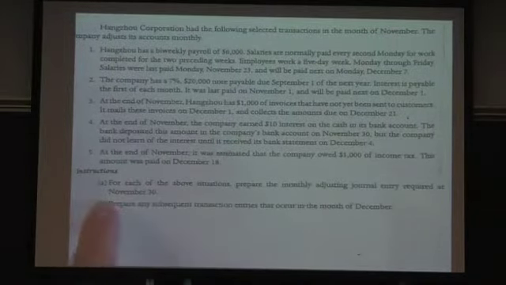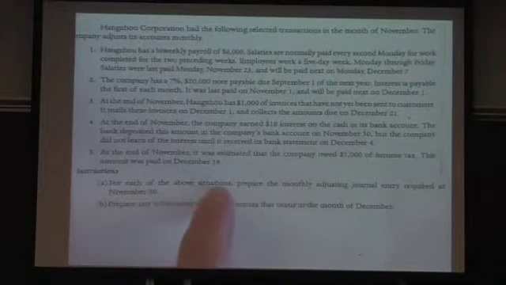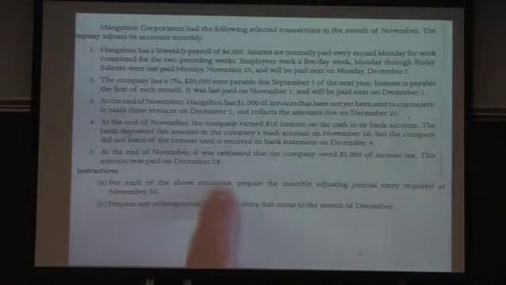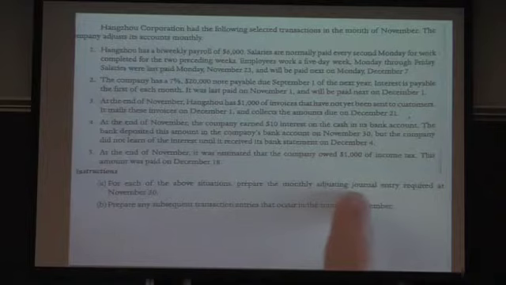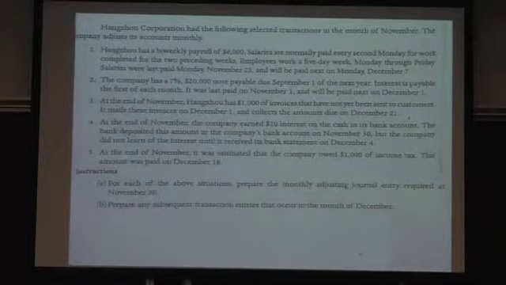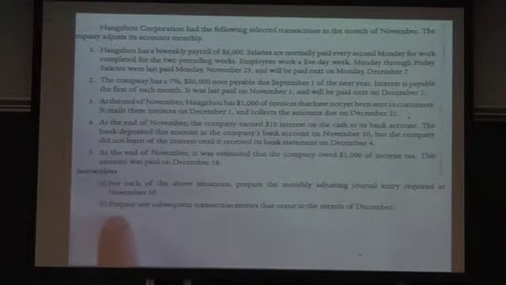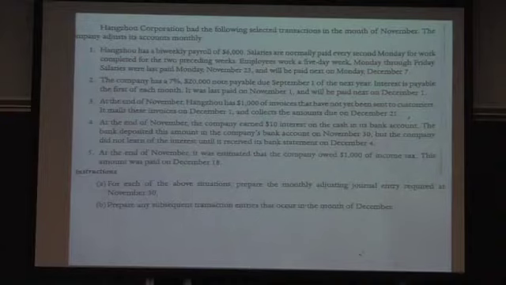So what we're asked is, for each of the above situations, to prepare the monthly adjusting journal entry required at November 30th, and to prepare any subsequent transaction entries that occur in the month of December.